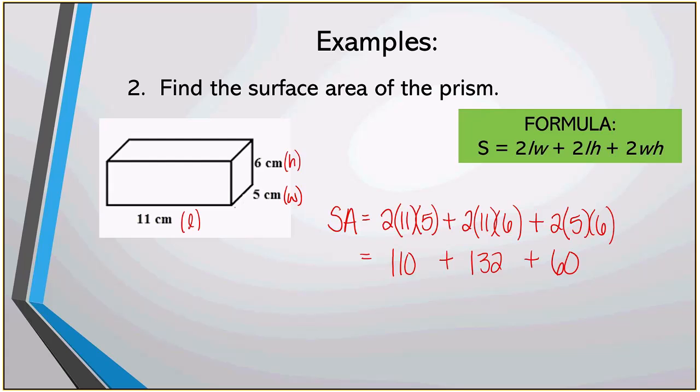So 110 plus 132 plus 60 is 302. And notice our units here are centimeters squared. Okay, I'll give you a second to copy that down. I think we have one more prism maybe before we go into cylinders.